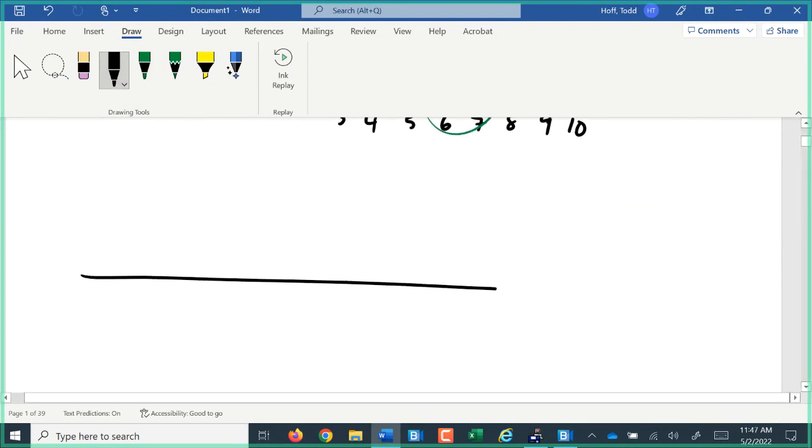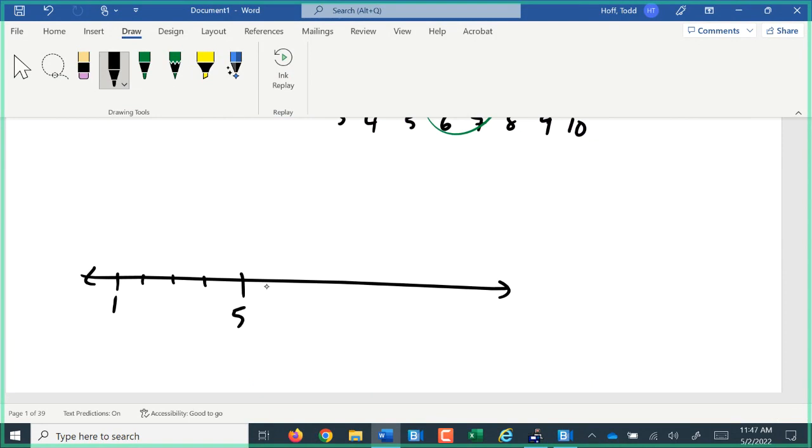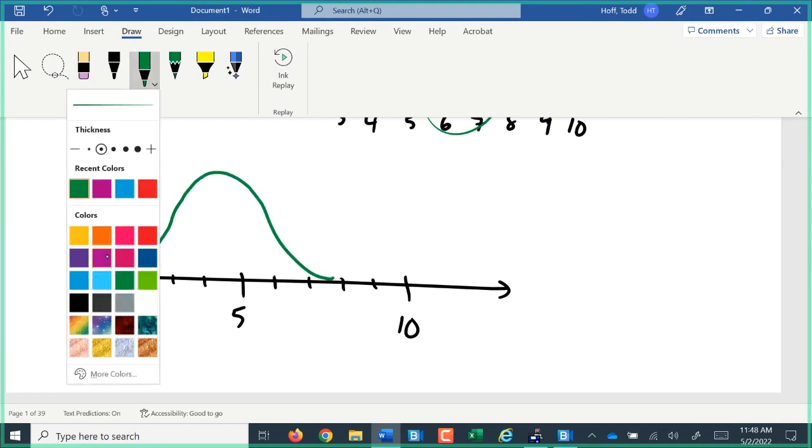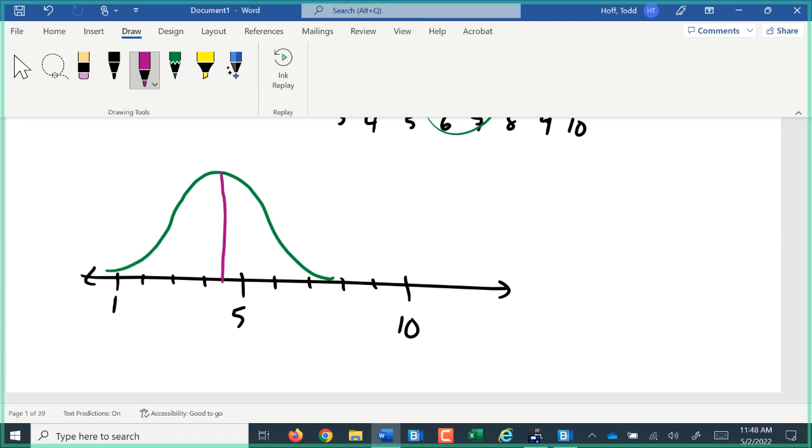So if I want to describe a dot plot, let's say I'm comparing the curves for a couple of different classes. Let's say I've got one curve that looks something like this. If I wanted to describe that curve to someone, one thing I might say is, well, the center of it is at about 4.5.